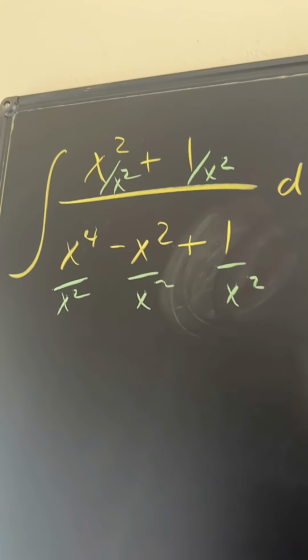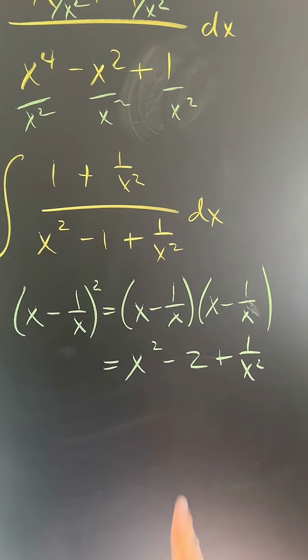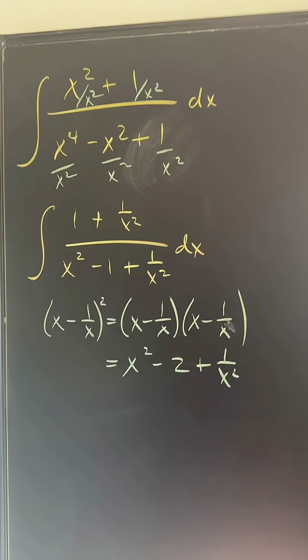On the bottom here, I'm gonna turn it into (x minus 1 over x) squared. Because if I were to rewrite this and FOIL it out, you will see that we have basically what we need on the bottom. If we multiply this, we're gonna get x squared minus 2 plus 1 over x squared. So what we technically already have is the x squared and the x squared, and then the 1 over x squared and the 1 over x squared, but we don't have the negative 1.